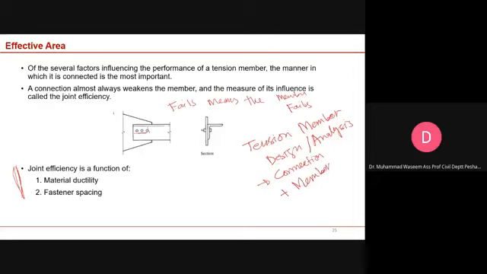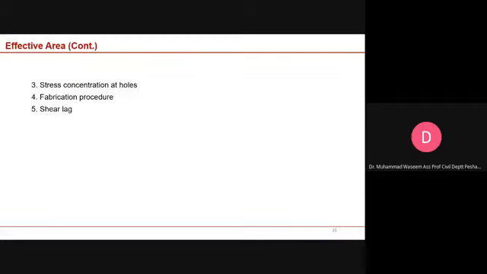Okay. So the material ductility, we know that if the material is ductile, there will be no stress concentration. The fastener spacing we have discussed in the connection. So we have seen that there is a stress concentration in those holes. The fabrication process, what are the different fabrication processes which are being used for the fasteners. Then this is shear lag.